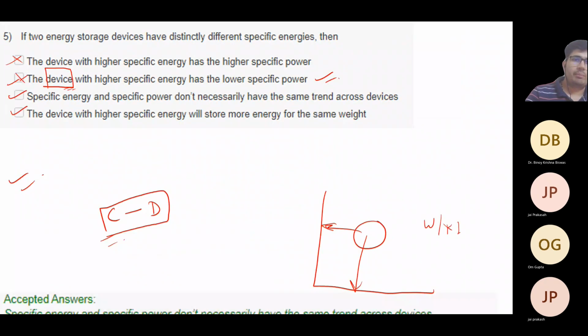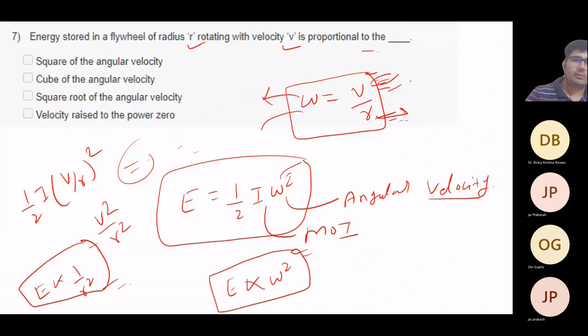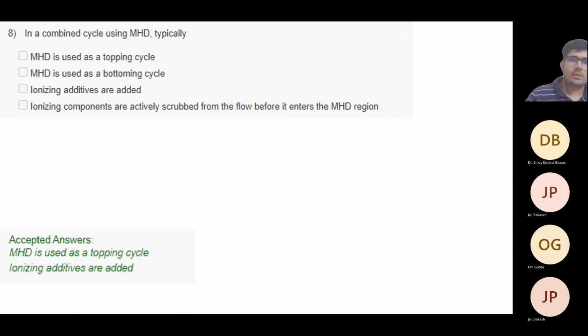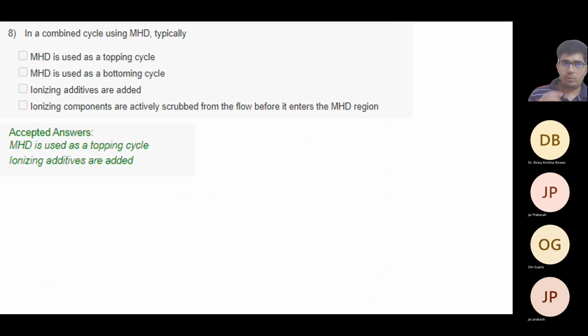So for question number 8, the correct options are MHD is used as topping cycle and ionizing additives are added. And these additives are cesium and potassium.